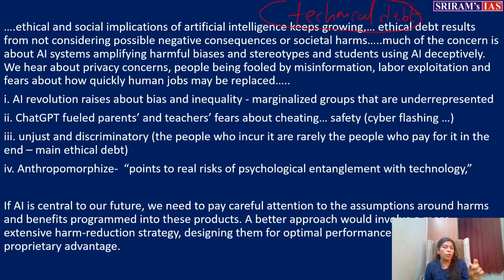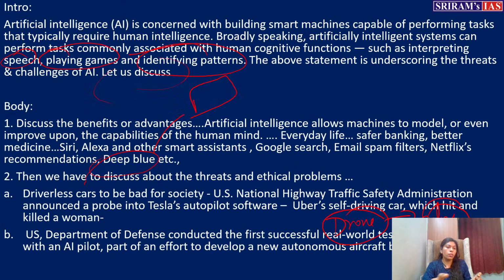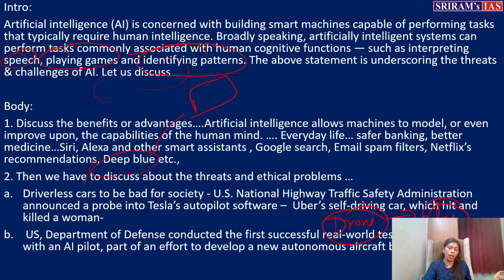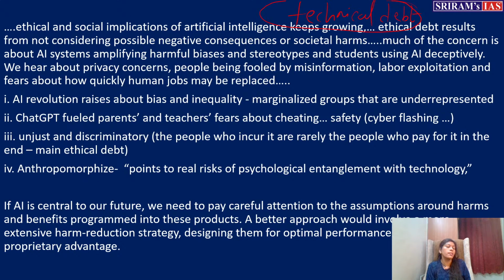That's why I told you step number one, write the benefit. Step number two, discuss the social and ethical problems and harms. In the second part, the first point is the harmful product resulting from this AI, and the second point focuses on ethical debt. So what are the ethical problems you are going to face when you bring in this AI?